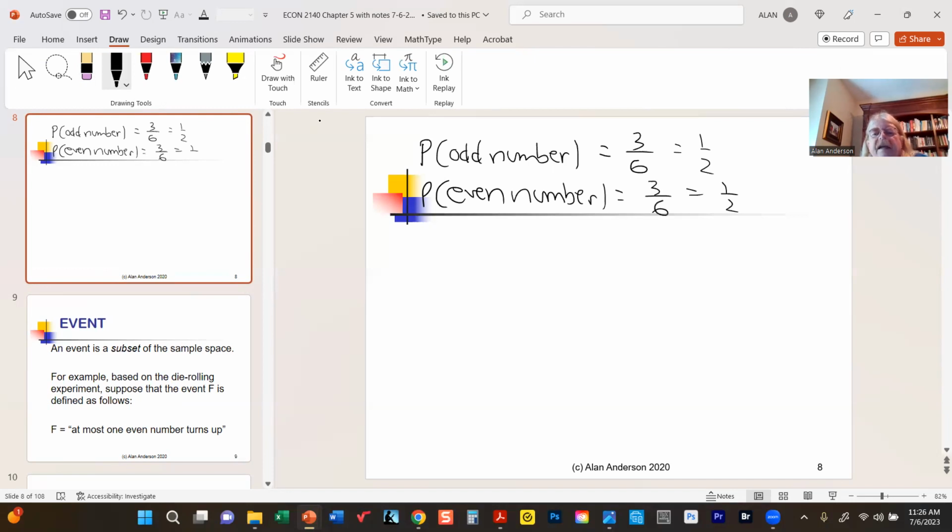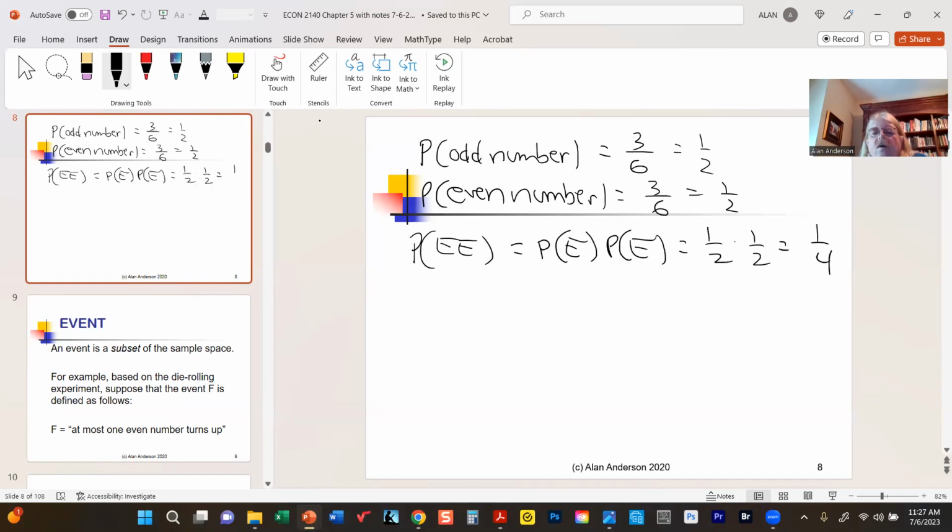So that being the case, what's the probability of getting something like this? EE means an even followed by another even. It's just a quarter.